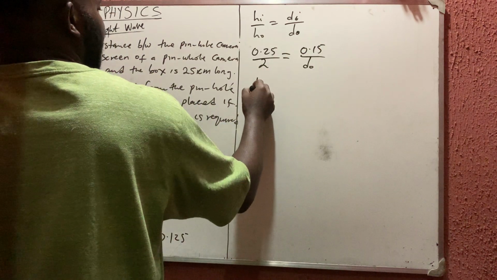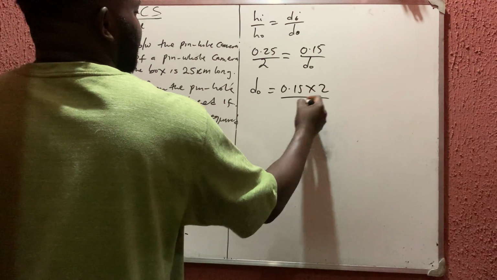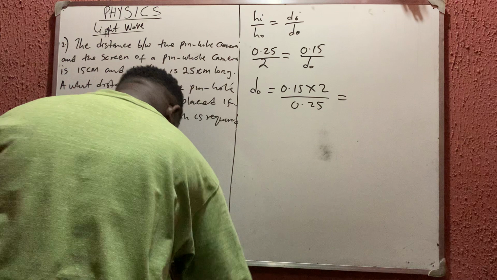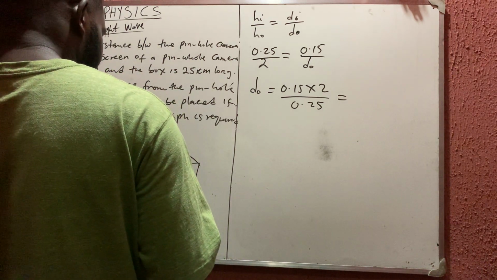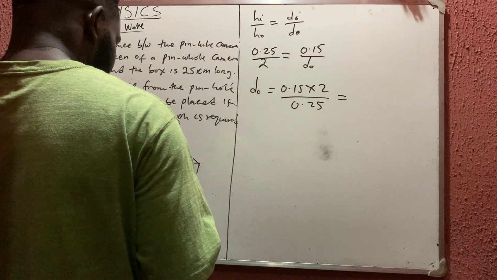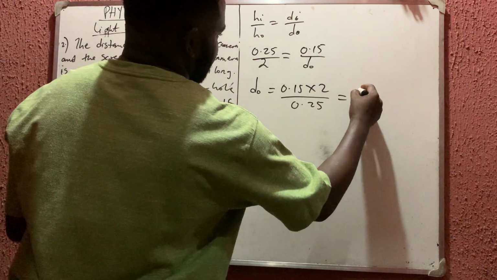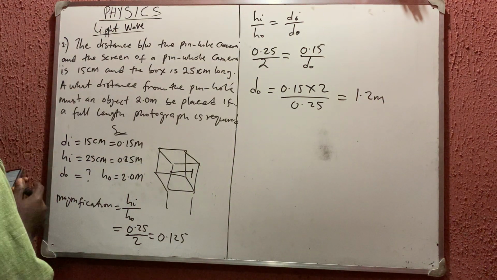If I cross multiply, d naught is 0.15 times 2 divided by 0.25, which gives 1.2. It must be placed at a distance of 1.2 meters. So that is that.